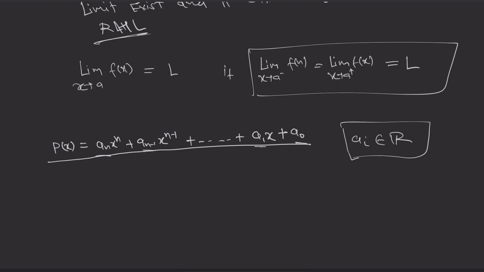Okay, so I want to find limit x tends to A of P(x). What is this limit? What I need to find is LHL and RHL also. First of all we will find LHL. What is LHL?